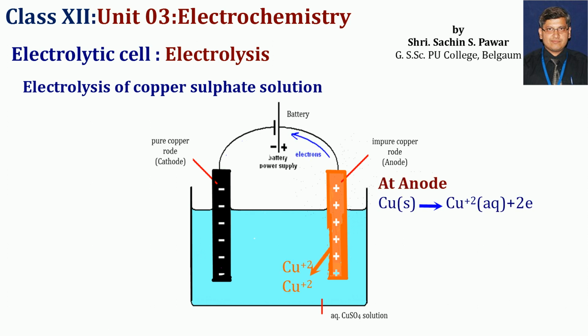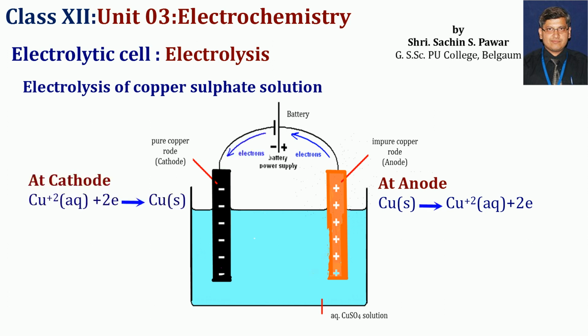When electricity is passed from the battery, at the anode, that is the orange rod, copper from the rod gets oxidized to Cu2+ and 2 electrons. Here Cu2+ ions will move into the solution and those 2 electrons will move in the outer circuit. Now Cu2+, being positive, gets attracted towards the cathode and there it gets reduced to solid copper.